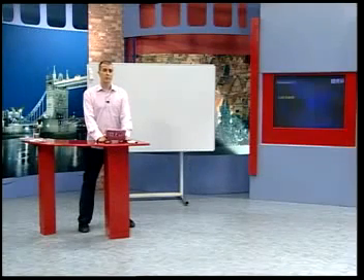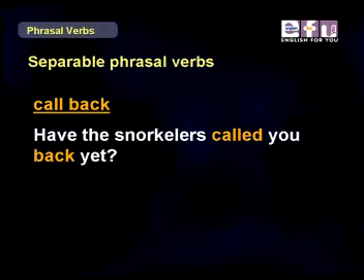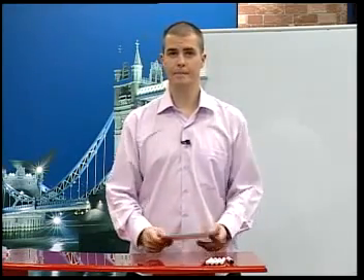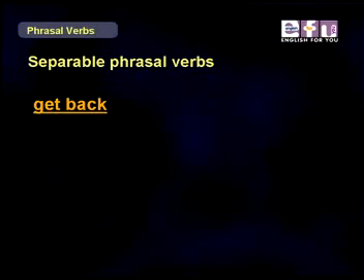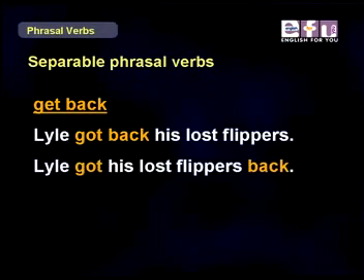Now let's look at some more examples of separable and inseparable phrasal verbs. Firstly, some separable phrasal verbs. Call back. Have the snorkelers called you back yet? To call back means to telephone again. Get back. Lyle got back his lost flippers. Lyle got his lost flippers back.